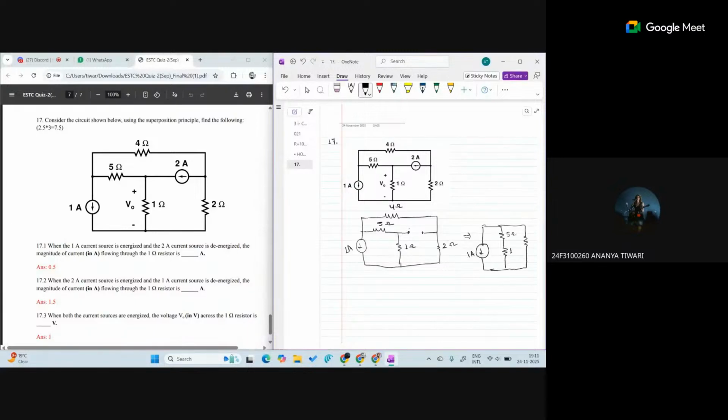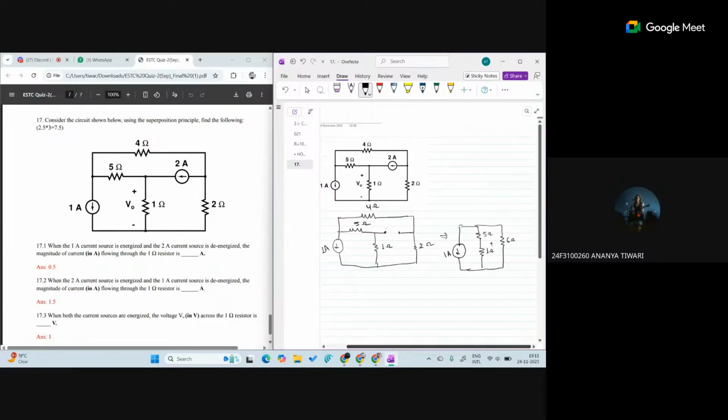5 ohm, and this is 1 ohm, and this is 6 ohm. We have to find the current across this. So current divides equally in both 6 ohm, and in a series the current is not divided. So the current across the 5 ohm and 1 ohm is the same. So the current here would be 0.5, and also here it would be 0.5.